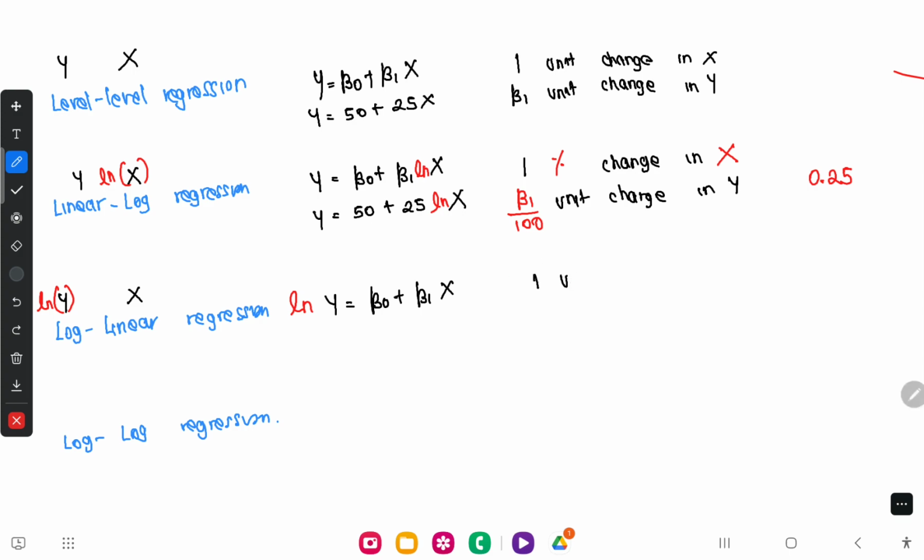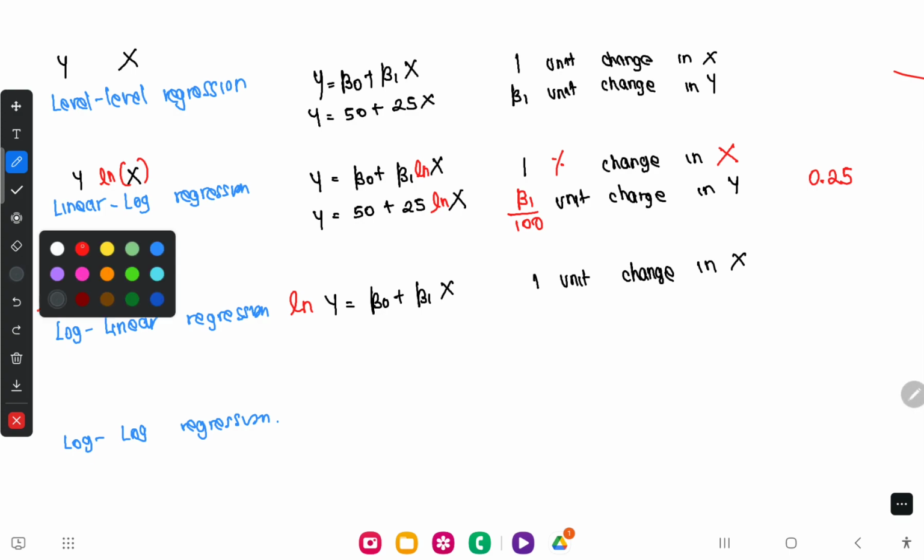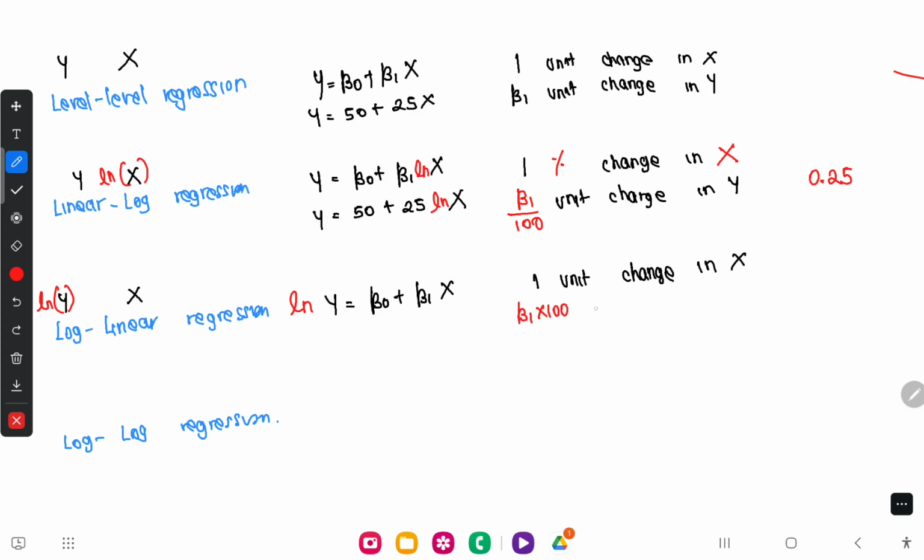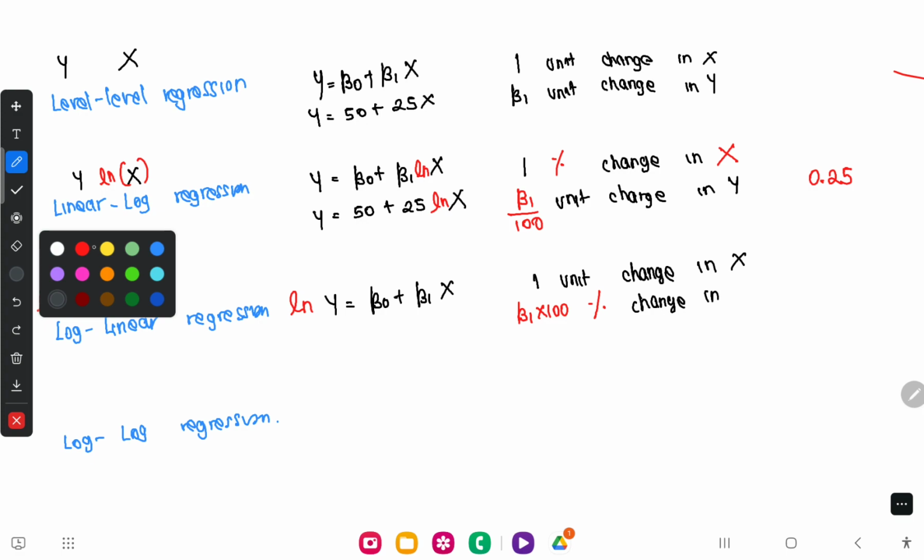So 1 unit change in x will lead to beta 1 into 100 percentage change in y.